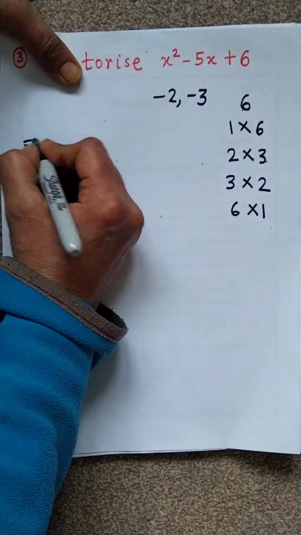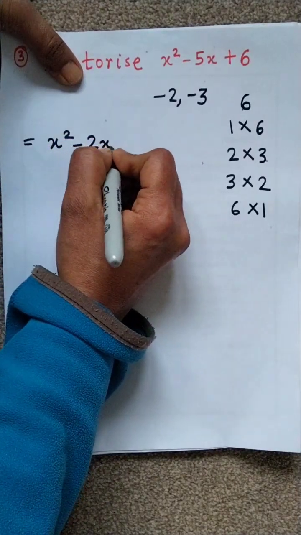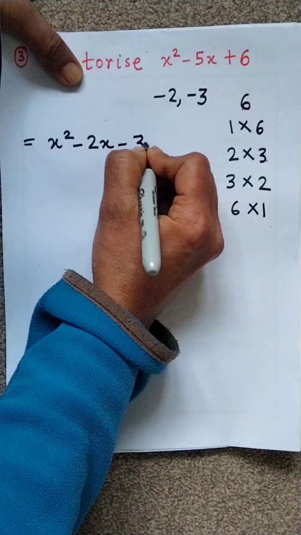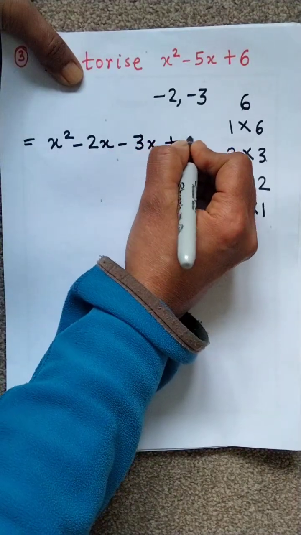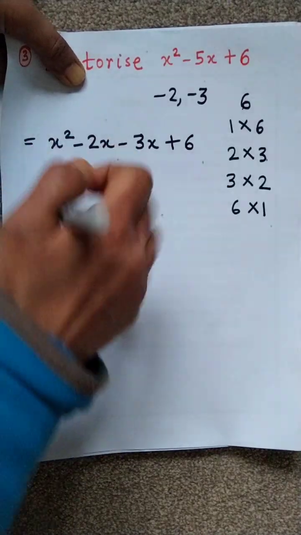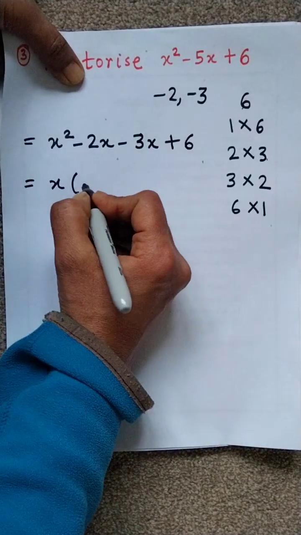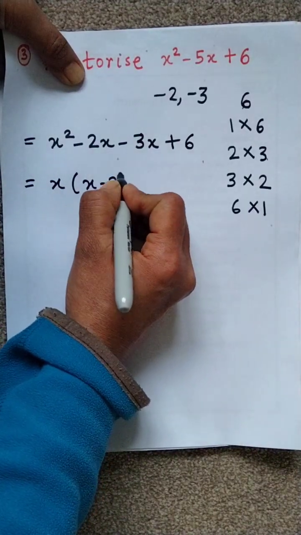So the same thing we write here, x square minus 2x minus 3x plus 6. So -5 is written as -2 and -3. Now here take x as common. What remains? X minus 2.